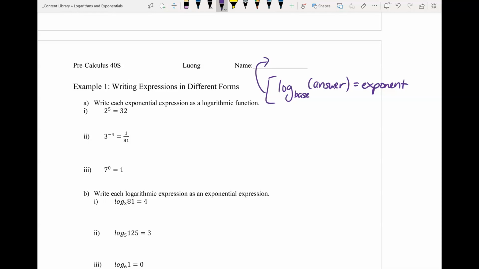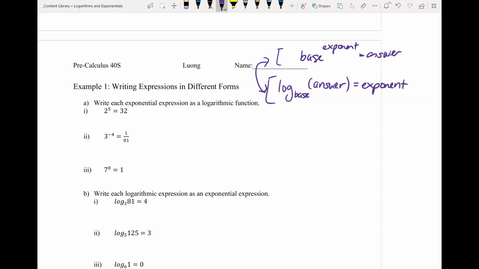This relates to exponential form, where your base to the power of whatever exponent you have is equal to the answer. We're going to use these rules to switch back and forth.